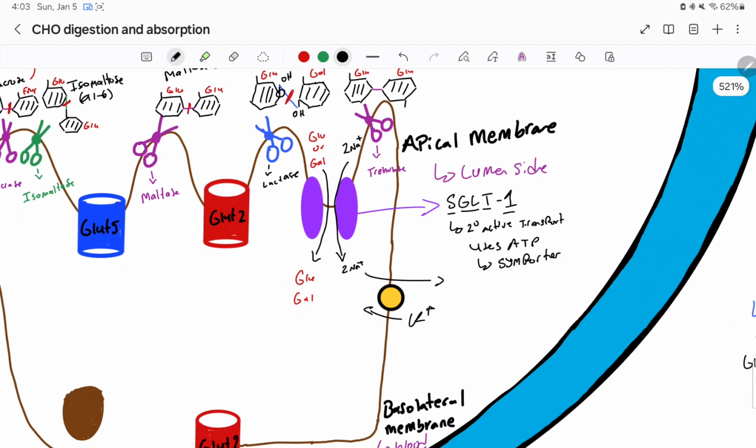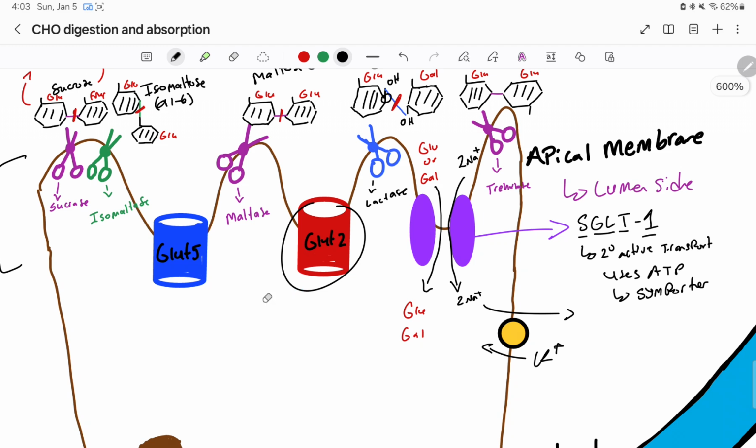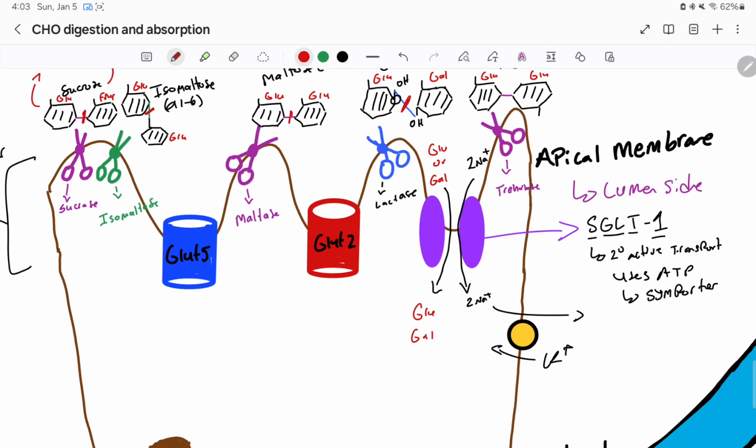Now, what about these other transporters? So this GLUT2, it's not very specific. It will take galactose and it will take glucose, and it will take both of them in, okay? And now, again, you get another way of taking glucose plus galactose into the cell, okay?